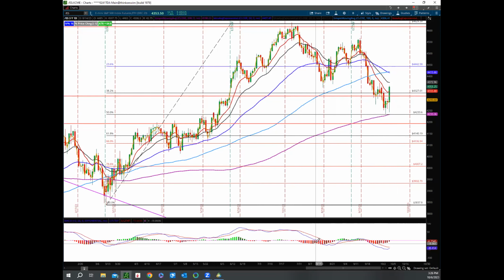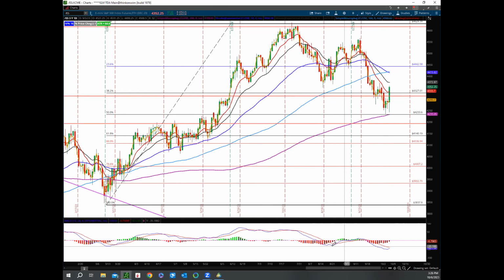Then on top of it, if you look at this low here, look at the low that we made here and look at the histogram, okay? And now here, you can clearly see we're making a lower low, right? This low, obviously lower than this low. But let me get a trend line here.